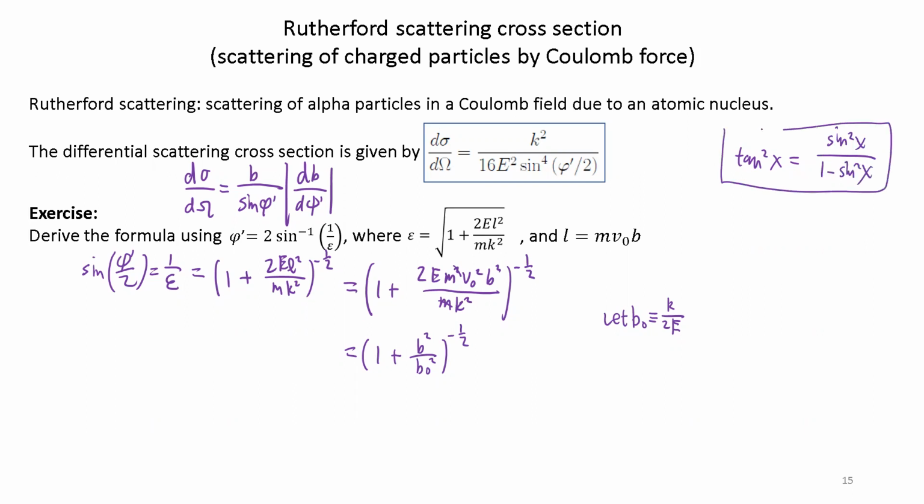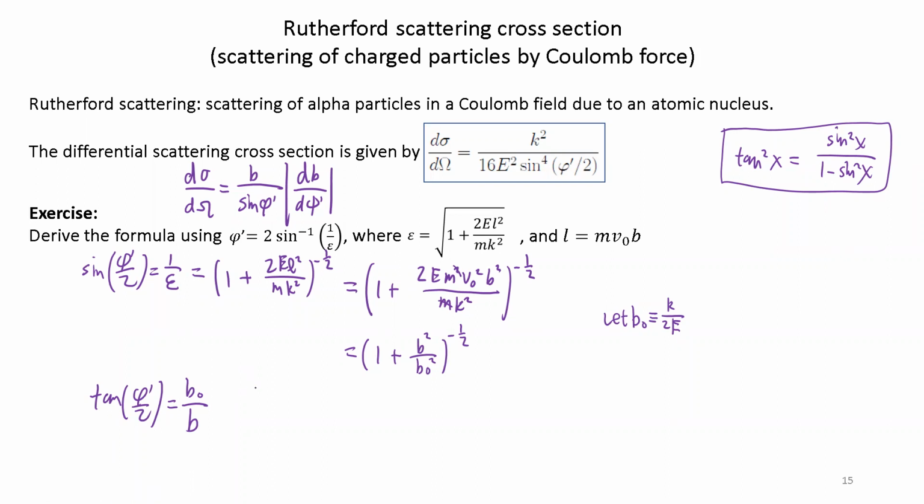Using this formula, we find that tangent of phi prime divided by 2 is given by b naught divided by b. That's great, because now we have found the relation between b and phi prime, and we want to take the derivative, so that's where we can start.